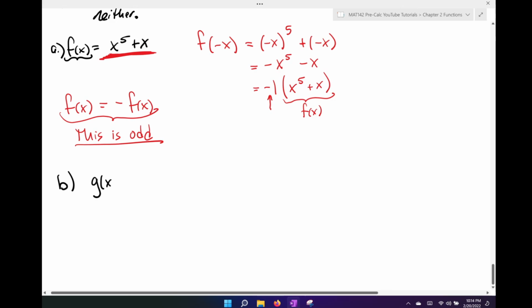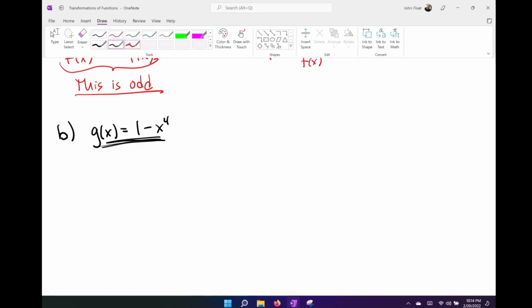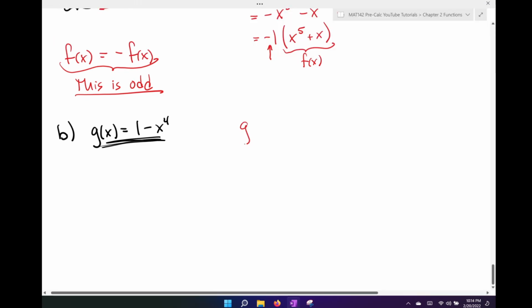So our next example is going to be g of x equals 1 minus x to the fourth. So once again, you already have g of x. Half the work is done. What we're concerned with, what is g of negative x? So remember, rewrite, put parentheses, make your substitution, and then go ahead and simplify.